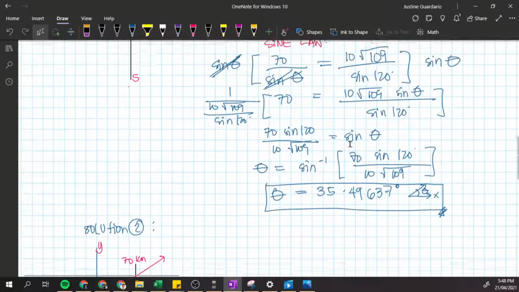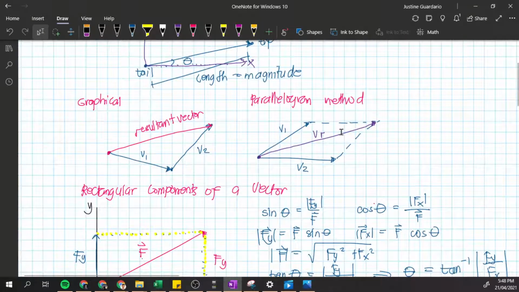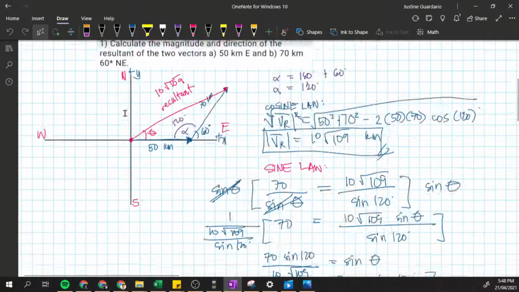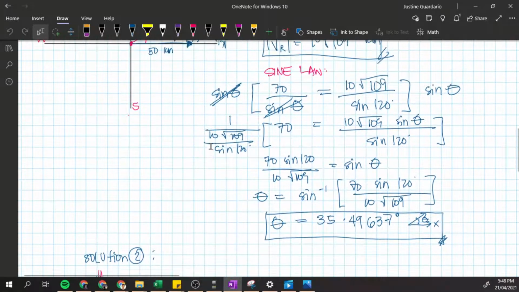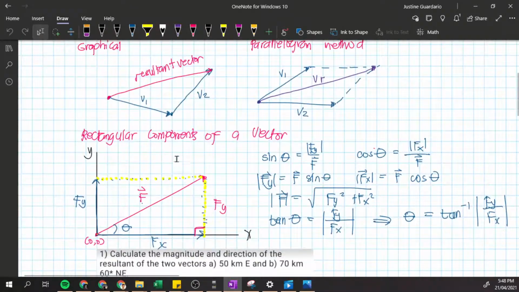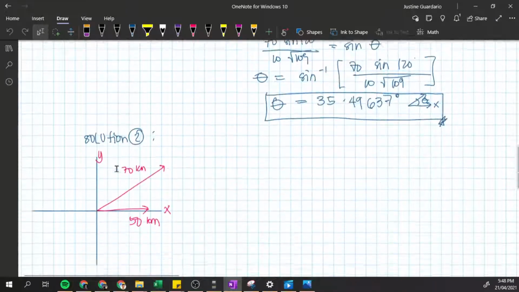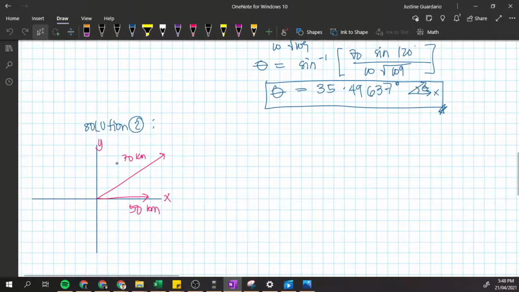I have taught you guys about how to resolve our vector to its rectangular component. So, ganun din yung gagawin natin dito. Since yung 50 kilometers natin, wala na tayong problema dyan. Now, we will resolve now yung 70 kilometers. So, we know this angle to be 60. We will resolve this 70 kilometer to its rectangular component.